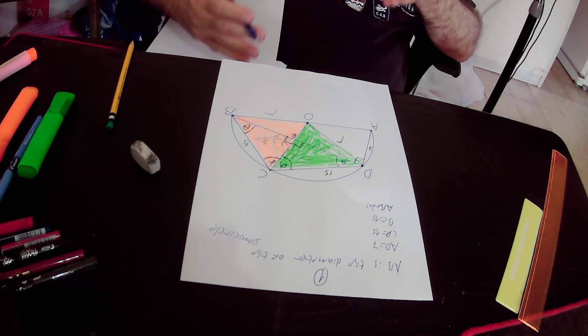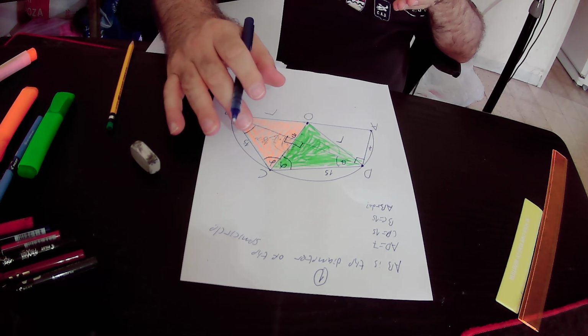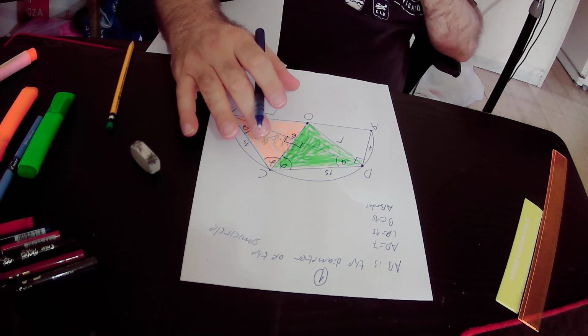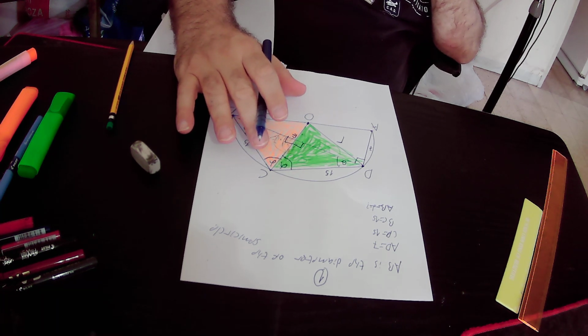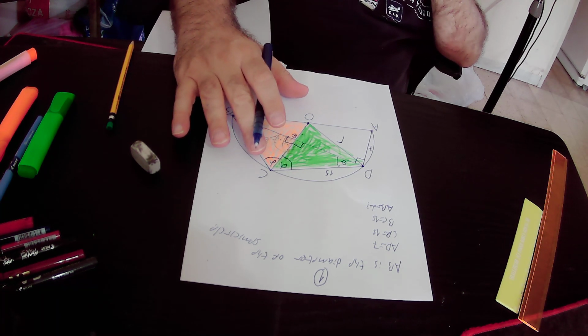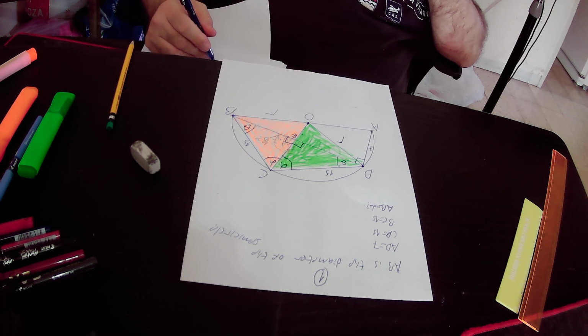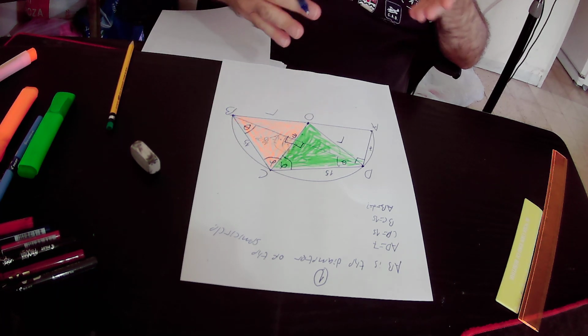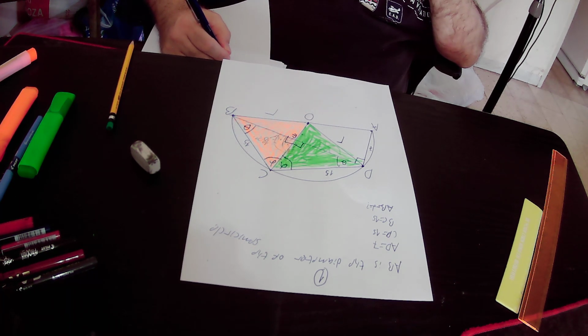Therefore, it must be a straight line, but as I've already mentioned, in the beginning of the lecture, we connected points O and C by a straight line. So OC is a straight line. And it is also a straight line because it is the radius of this semicircle.